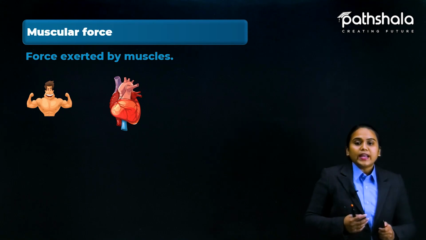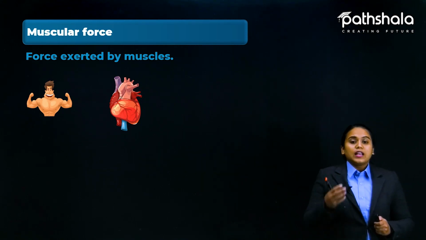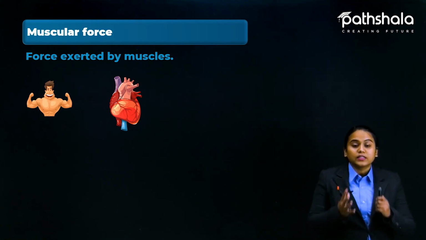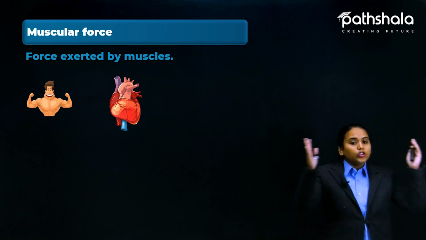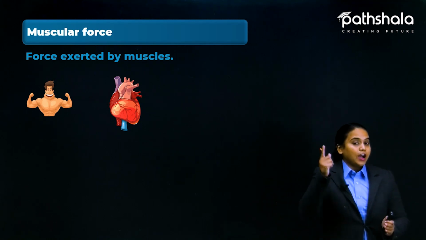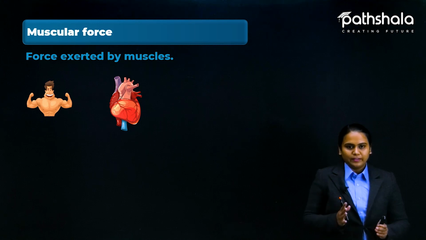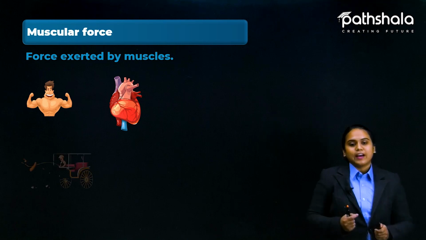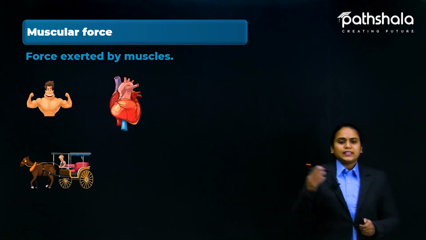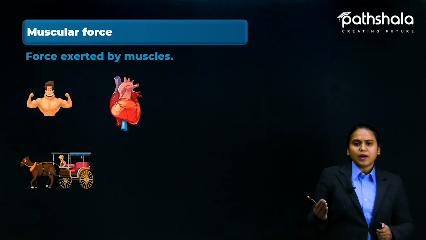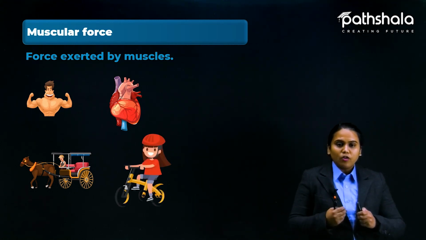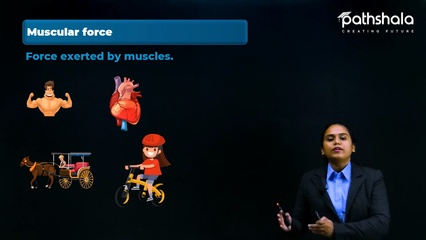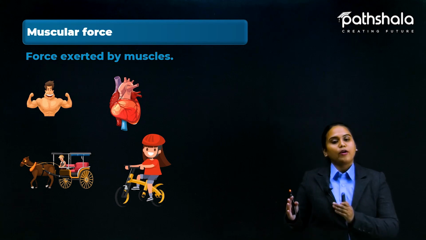There are various examples of muscular force. Even your heart is made up of muscles and it is pumping blood all through your body. If the heart stops working, you know what is going to happen. So it is muscular force which is the reason why we are alive. And see, this is the previous example: muscular force enables us to move the cycle from one point to another, and the cart from one point to another.